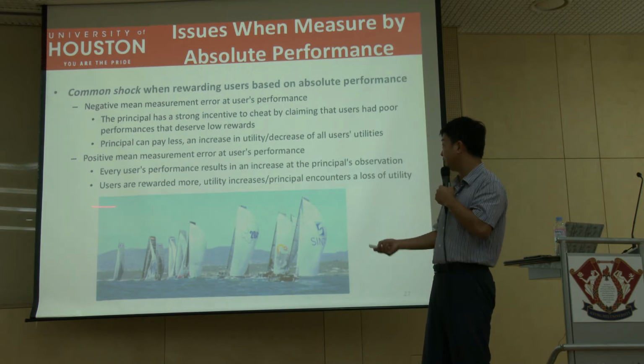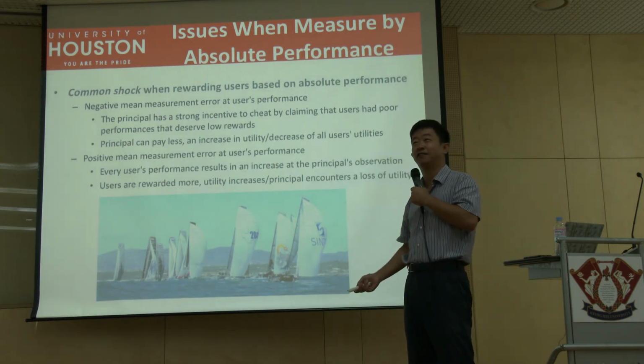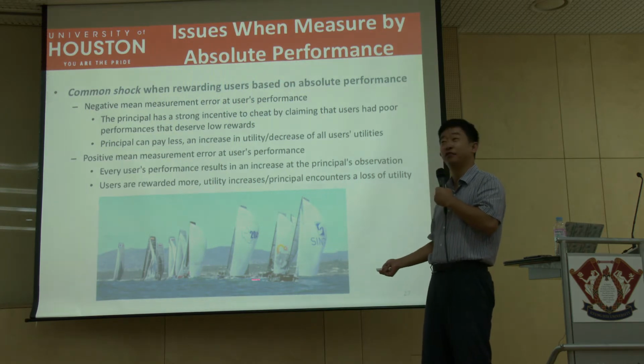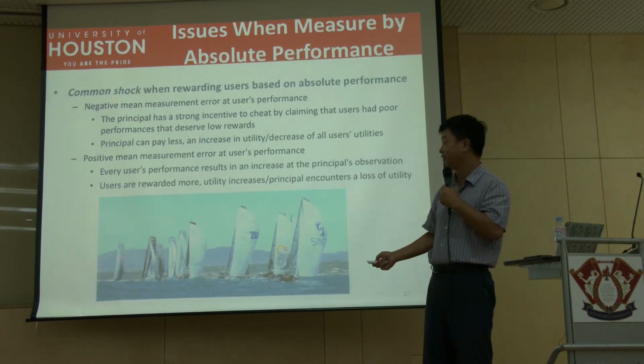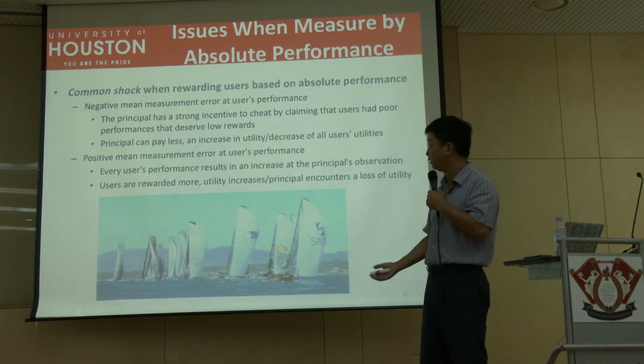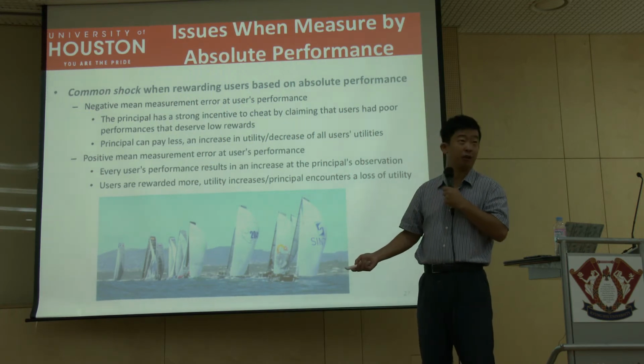This is like the wind for the people in Australia. In Sydney, they have a lot of wind surfing. When you are in the right direction, everybody wins. But the point is, how could you reward them?